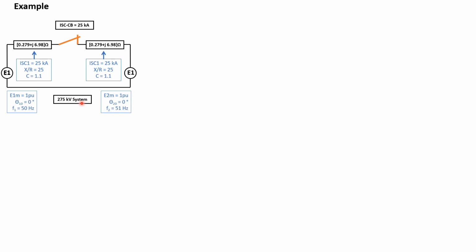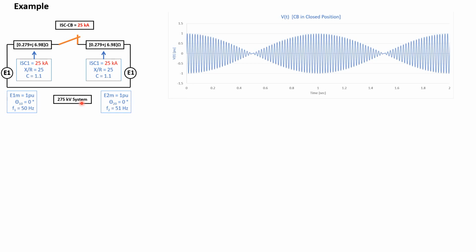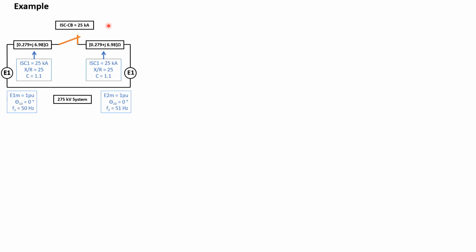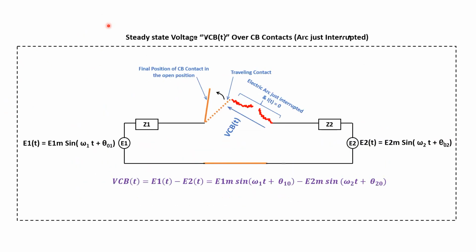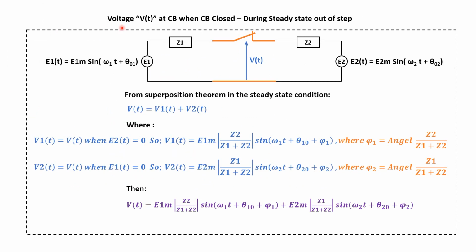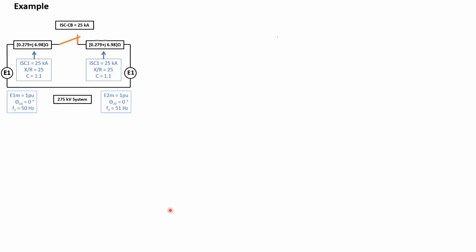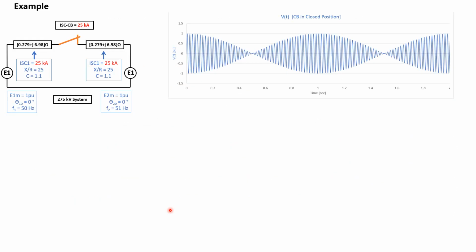275 kV. First, we showed how to calculate the VT, and you see that we explain here how to calculate VT. Then we see that, okay, we have this wave. It's very important to know that this is a strong signature of out of phase.